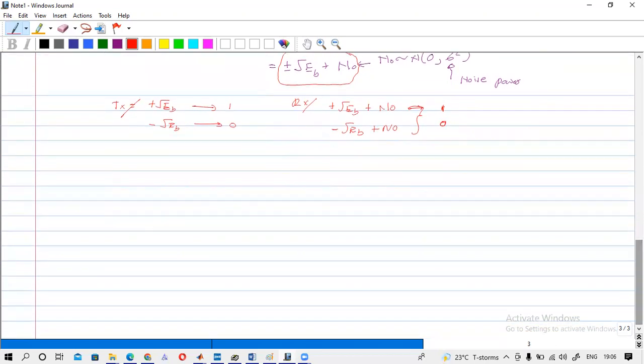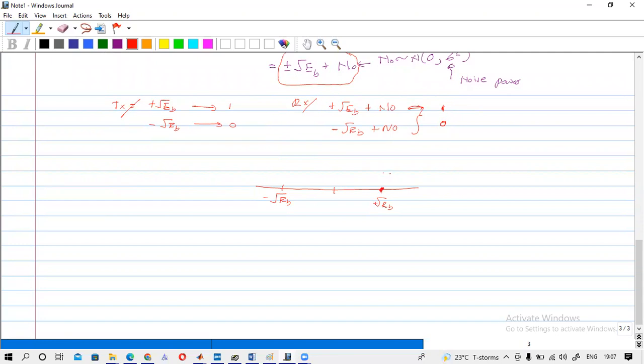So you know that in BPSK, our constellation diagram is this. This will be minus root EB and this will be plus root EB. These are the symbols we are transmitting. Due to this noise addition, we will not receive the same symbol.